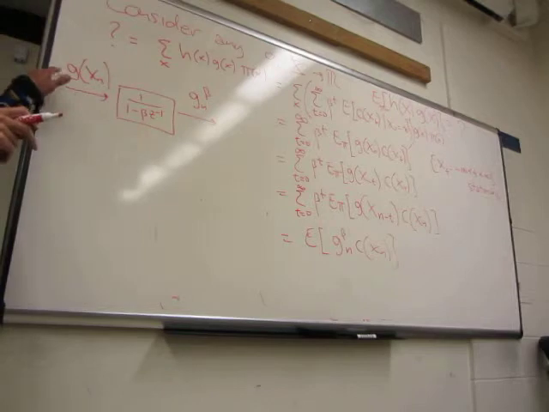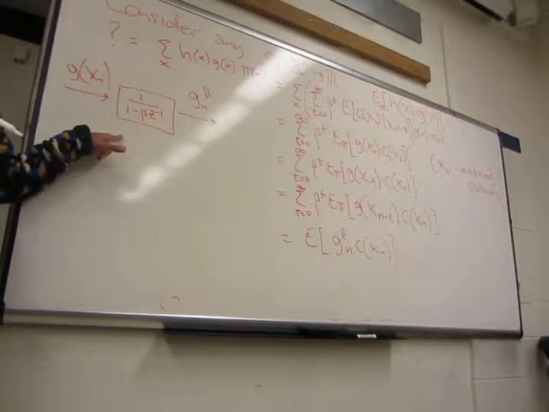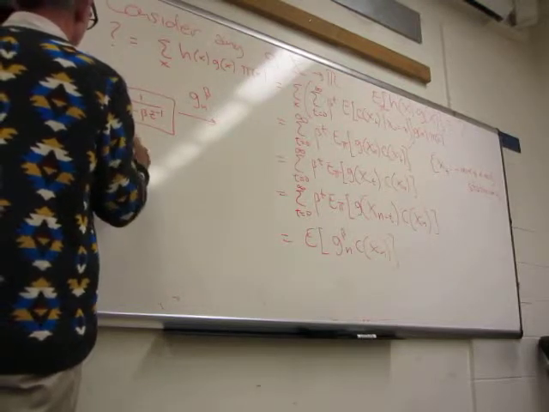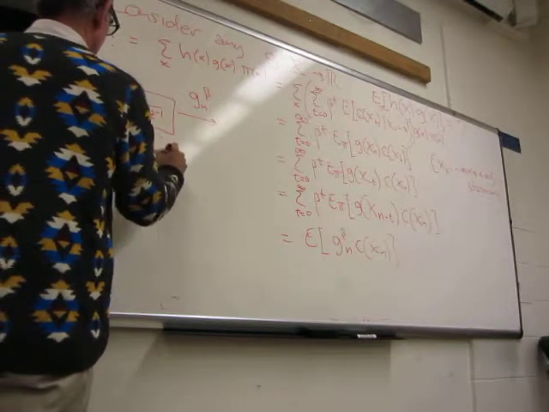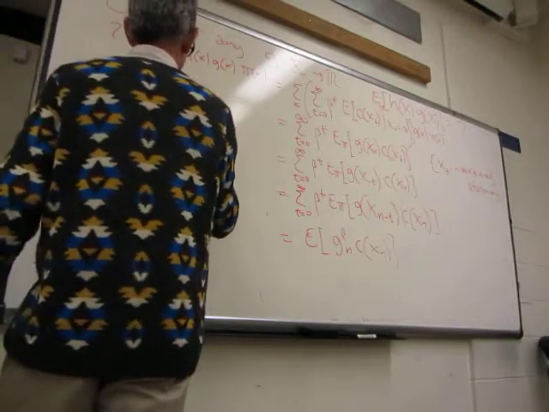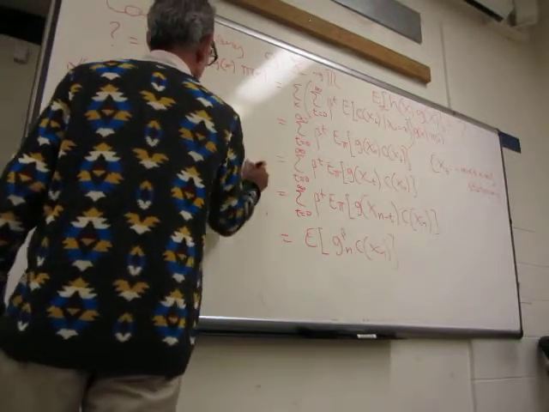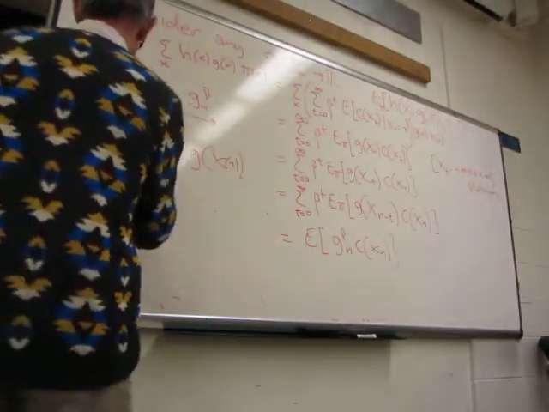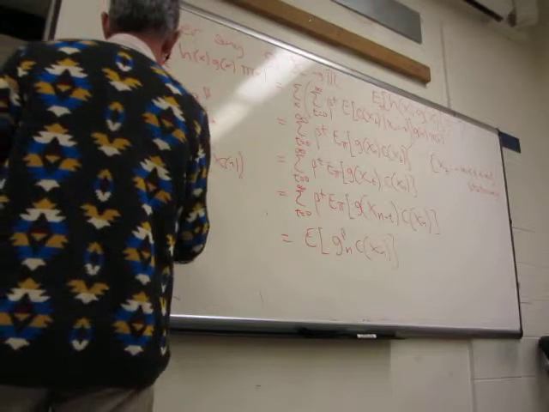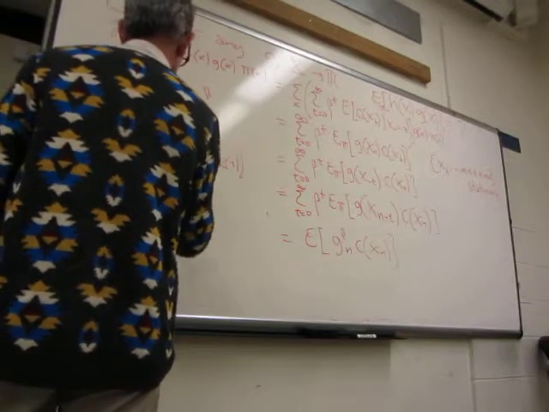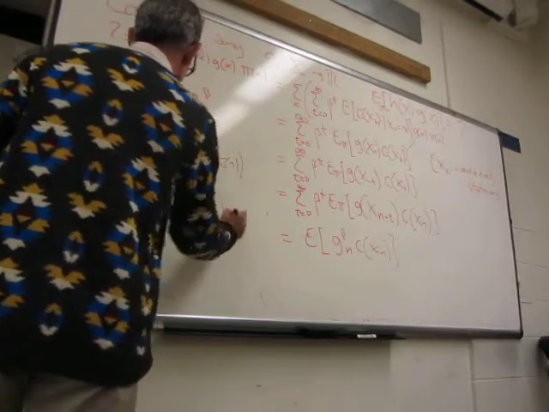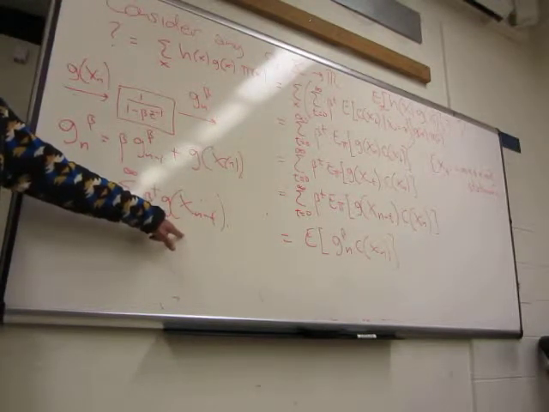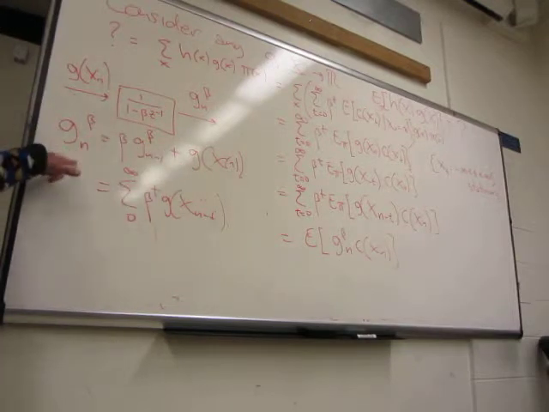I'm just passing G through a low-pass filter. This sum, this convolution between beta and G, is passing G through a low-pass filter, and it can be written in this recursive form.